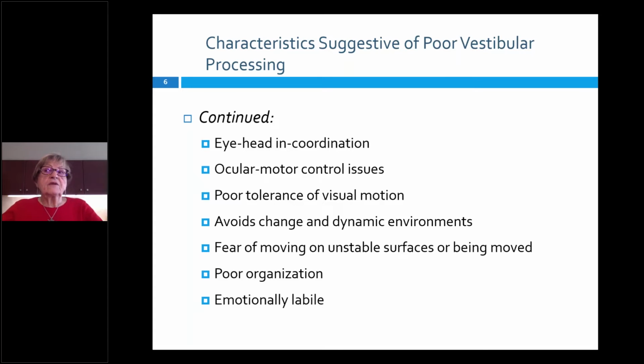And another issue that we see is not only do children have eye-hand coordination problems, but if they have vestibular dysfunction, they also have eye-head coordination problems. They may not be able to get their head properly oriented to that visual information or that sound information.